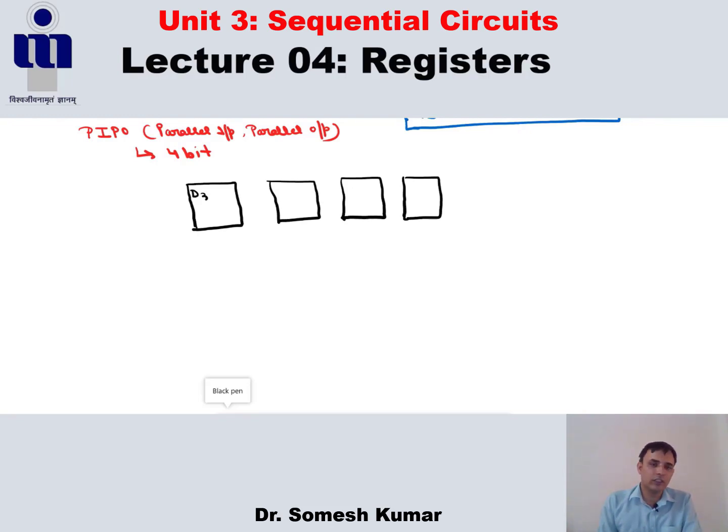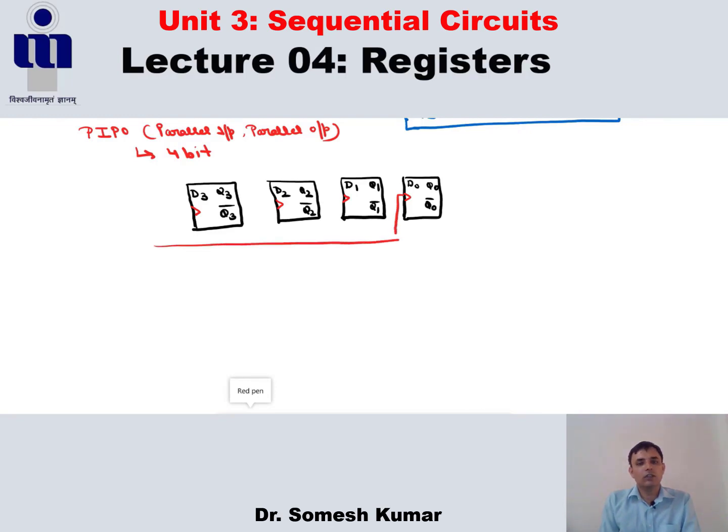So this is D3, Q3, Q3 bar, this is D2, Q2, Q2 bar, this is D1, Q1, Q1 bar, this is D0, Q0, Q0 bar, and this is our clock. The synchronous clock is given here also.